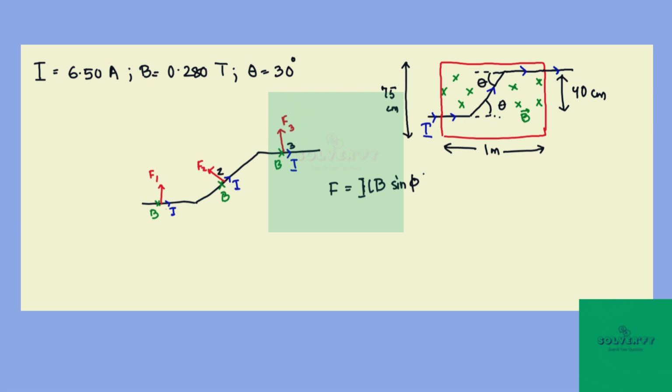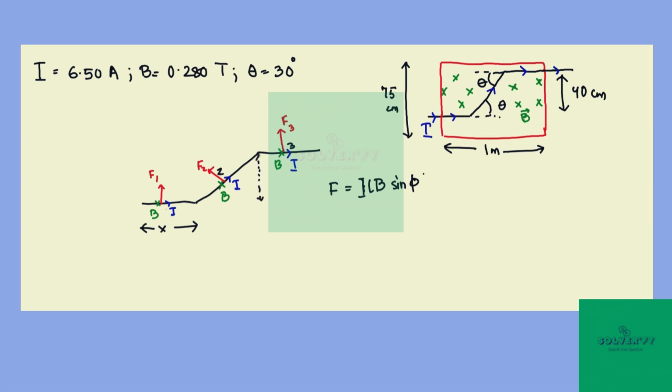Now let's find the magnitude of each of these forces. For that, we need the length of each of these segments. So let's say the length of this segment is x. And we know the length of the perpendicular component of the second segment, which is this length.